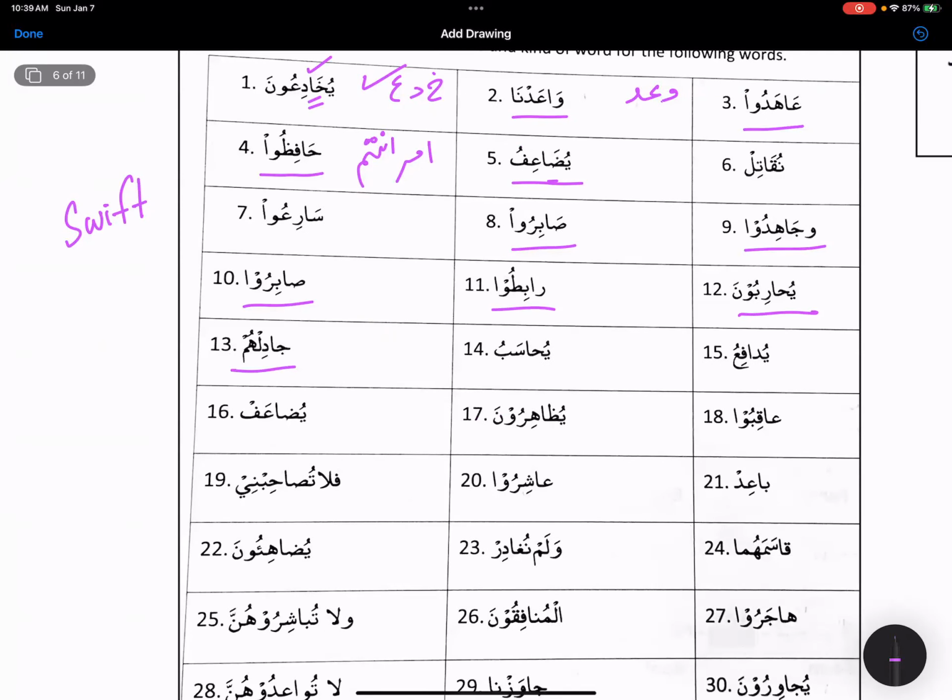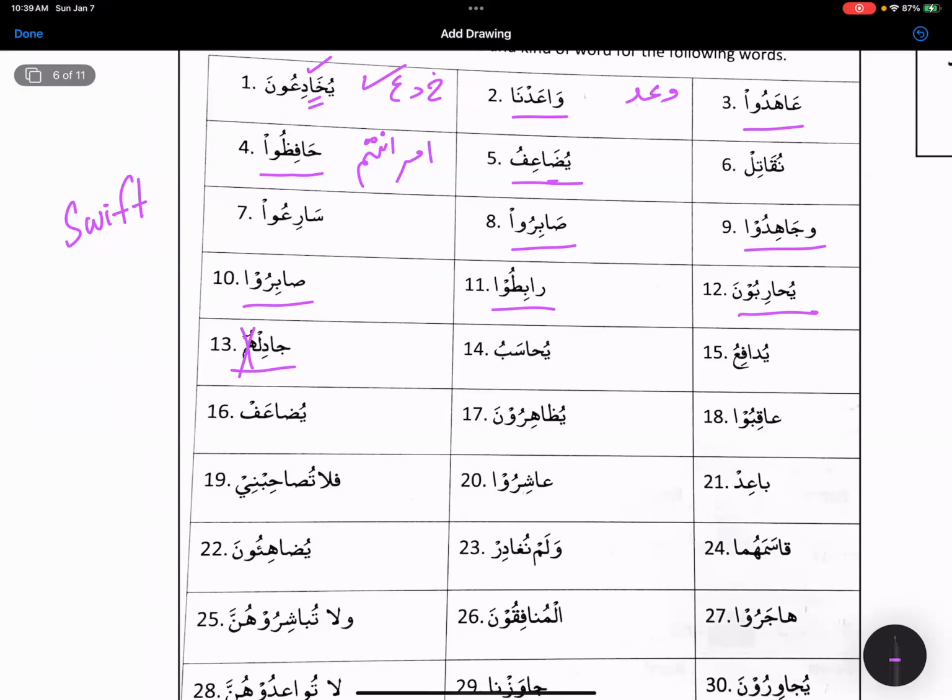What is Jadilhum? Jadilhum is jim, dal, lam. Jadala is the fail. Fight with them, argue with them. So what is this hum? First we can get rid of this hum.